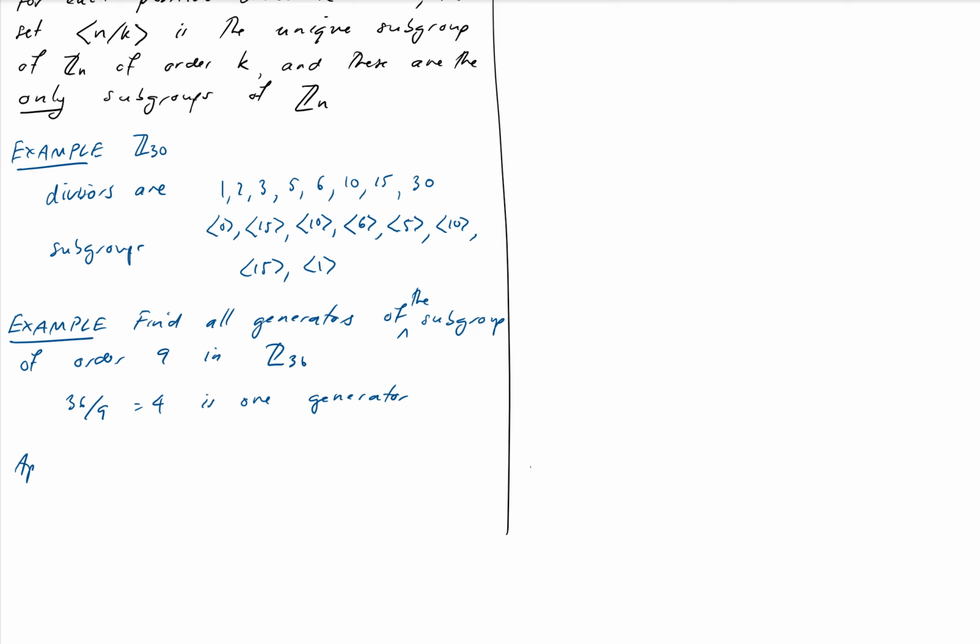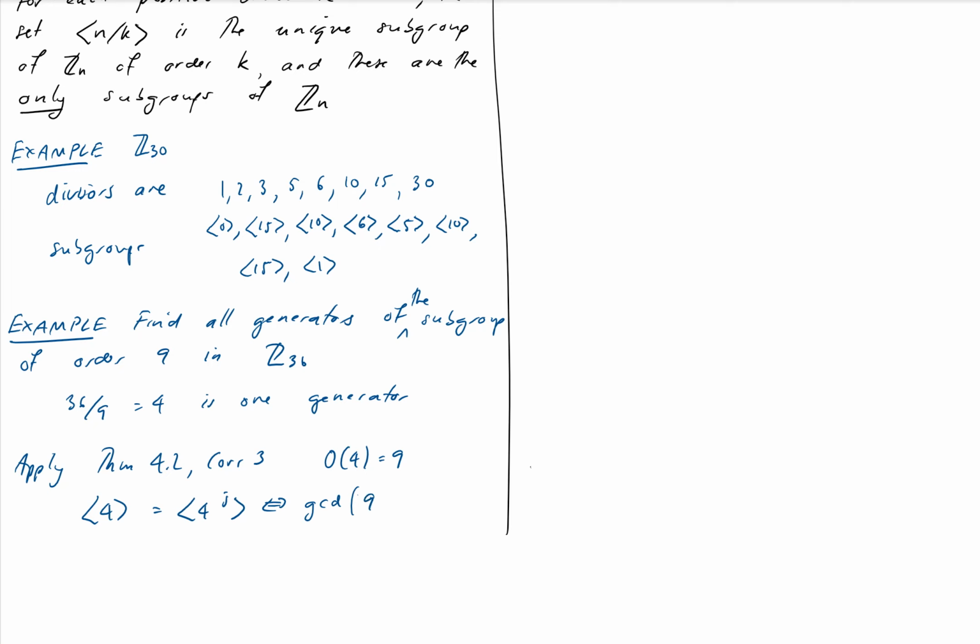Now we're going to apply our theorem 4.2, corollary 3. Let's try that again, 4.2, which says that the order of 4 is 9, and that the cyclic subgroup generated by 4 is the same as that generated by 4 to the j, if and only if the GCD of n, which now is not 36, it's 9, because we're looking inside the subgroup of order 9.